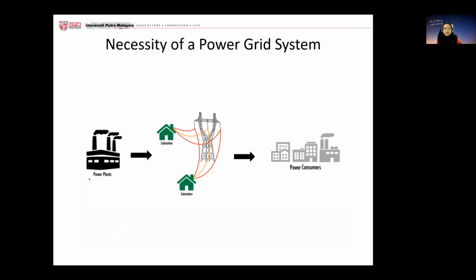Imagine, using the same basic concept, you have your power plants generating the power, and then you transport that over distances through transmission and distribute that to the consumers. It used to be that one area is supplied by one power plant.